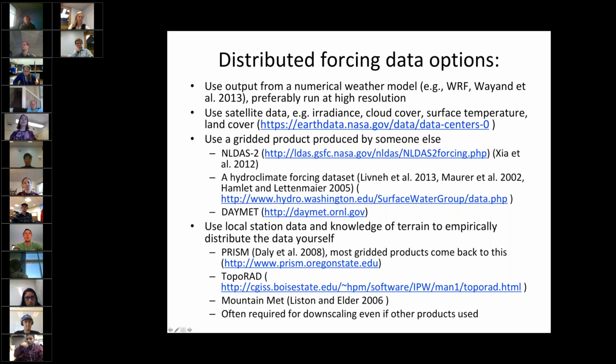This is what you guys were suggesting: take into account your slope, aspect, shading, and what typical lapse rates are in the area. Some software that does that includes PRISM, TopoRad, and MountainMet. A lot of these, if you want to run a fine resolution snow model, are still going to be required just to downscale any of the top choices you might choose.